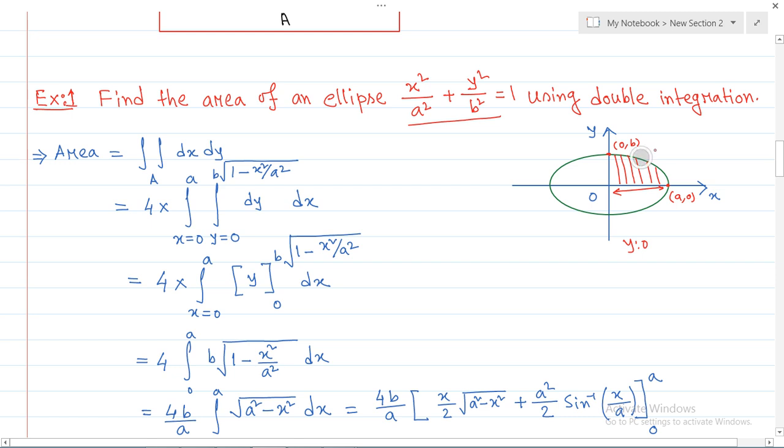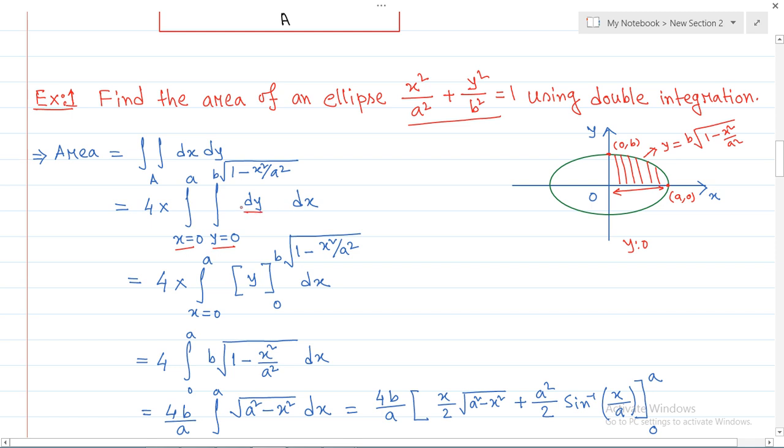On the ellipse the value of y is b into root over of 1 minus x square upon a square. So y will range from 0 to b root of 1 minus x square by a square. So 4 times x equal to 0 to a, y equal to 0 to b root of 1 minus x square by a square dy dx.